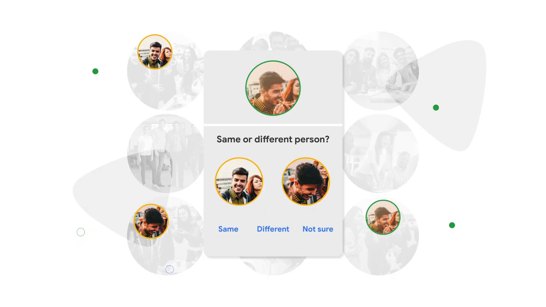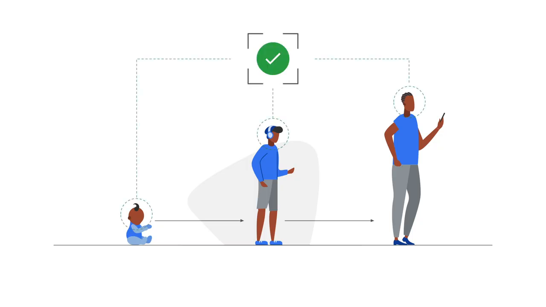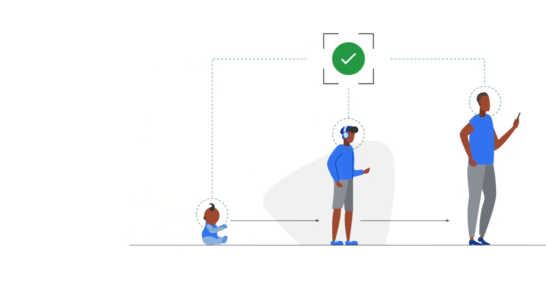Then you can train the image recognition algorithm embedded in the app to automatically recognize and categorize new photos of your family members or friends, even if their appearance goes through significant changes over time. That's the case, for instance, of a baby that grows to become a child and then eventually an adult. The app will still be able to identify the person in any new photo at every stage of their development.